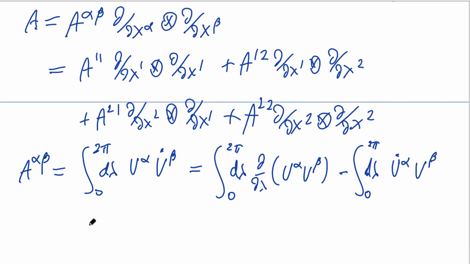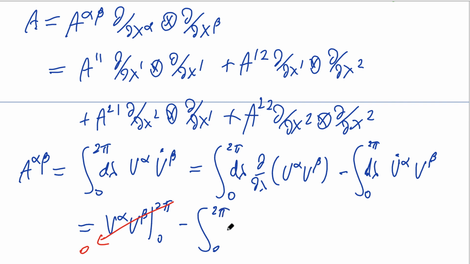Of course, the first term is V alpha V beta evaluated between 0 and 2 pi, but as we've seen before, that's just going to be 0 because V is 0 at both lambda equals 0 and lambda equals 2 pi. So what we're left with is just this term.